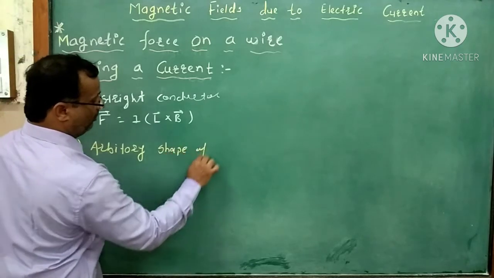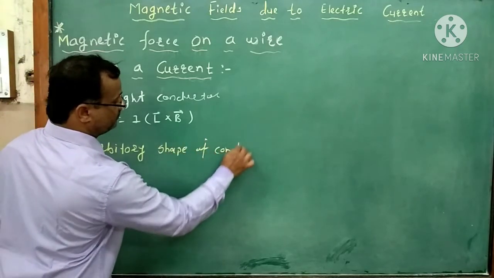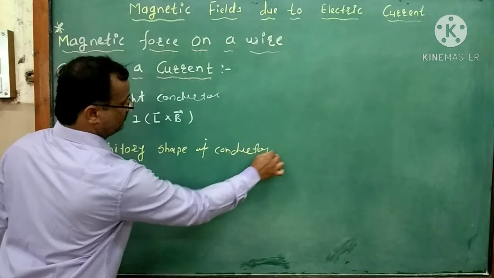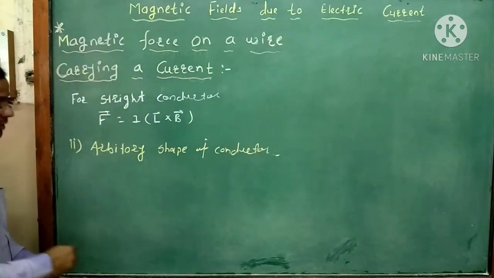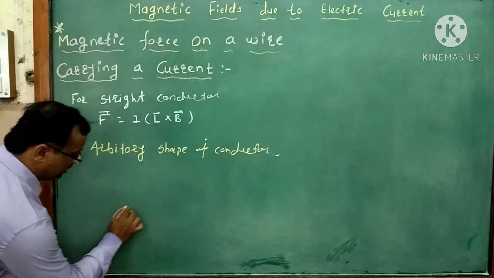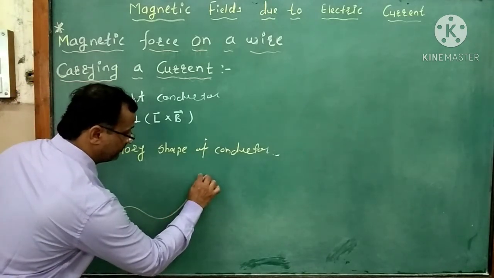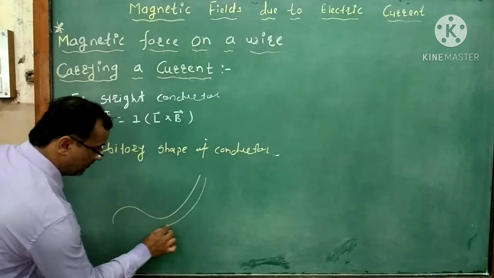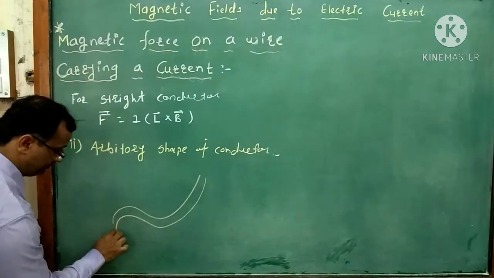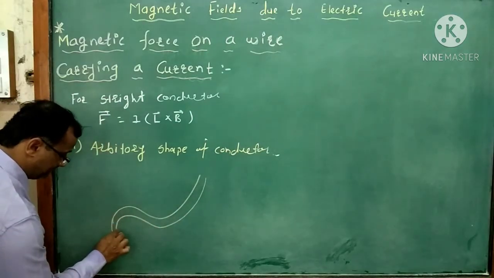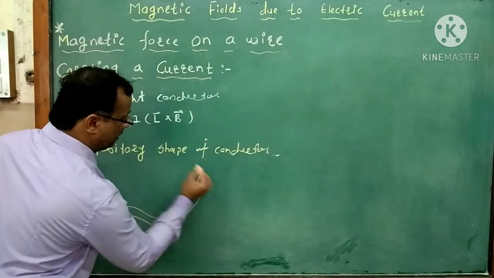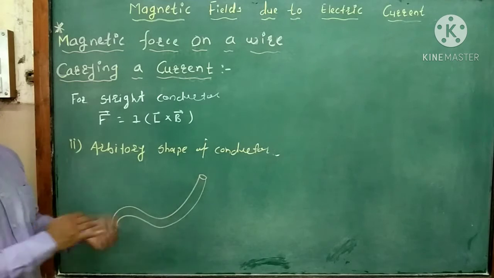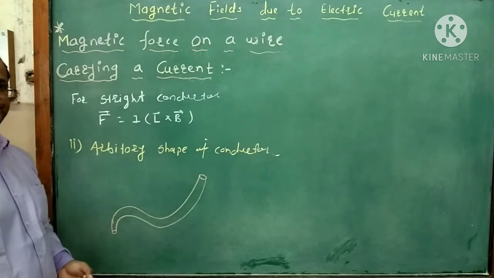Arbitrary shape of conductor. It means that here we want to take one arbitrary shape of the conductor. Suppose this is the arbitrary shape of the conductor.